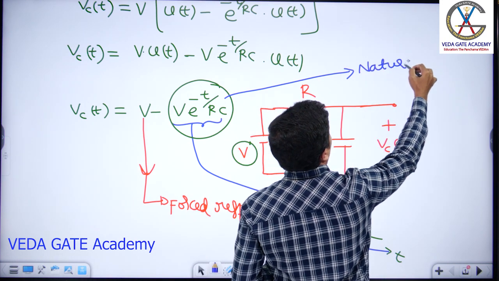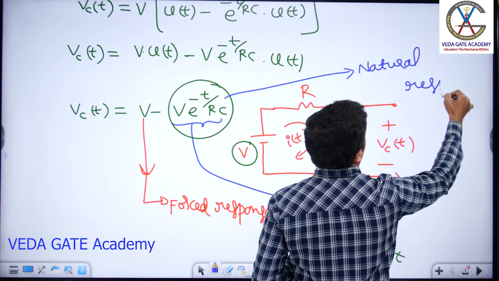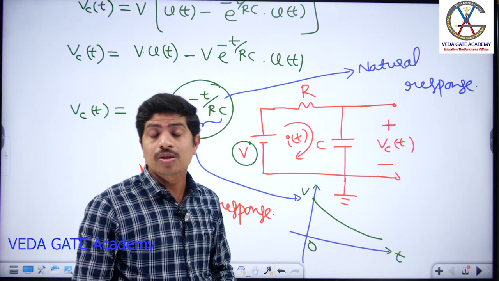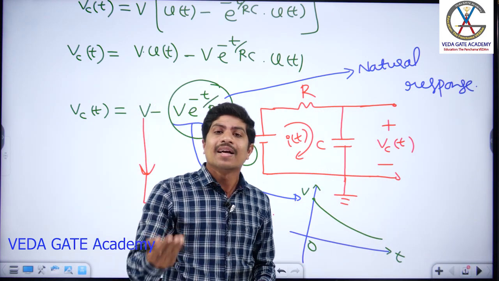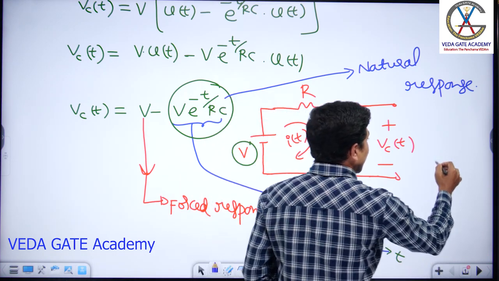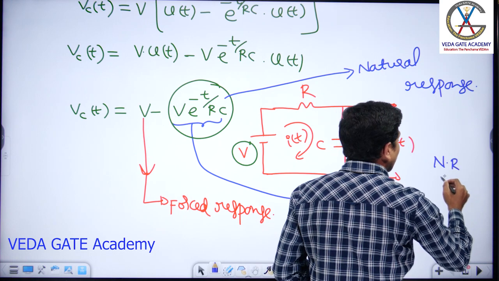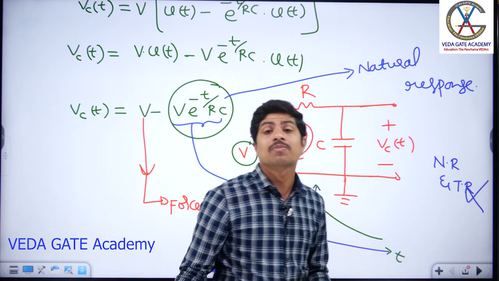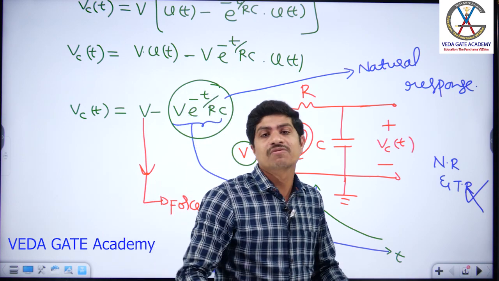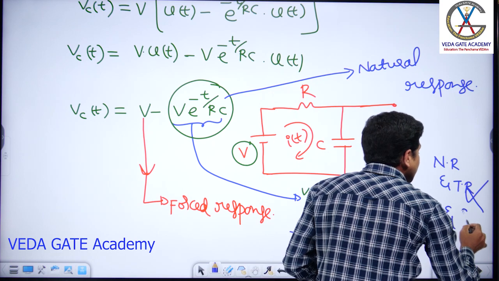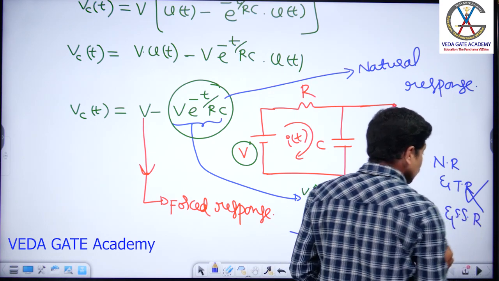Natural response. Some people, even some faculty, don't know the difference between natural response and transient response. Some people will say that natural response and transient response both are the same. No, please. Natural response and transient response are very much different. In the same way, forced response and steady state response, they will say both are the same.